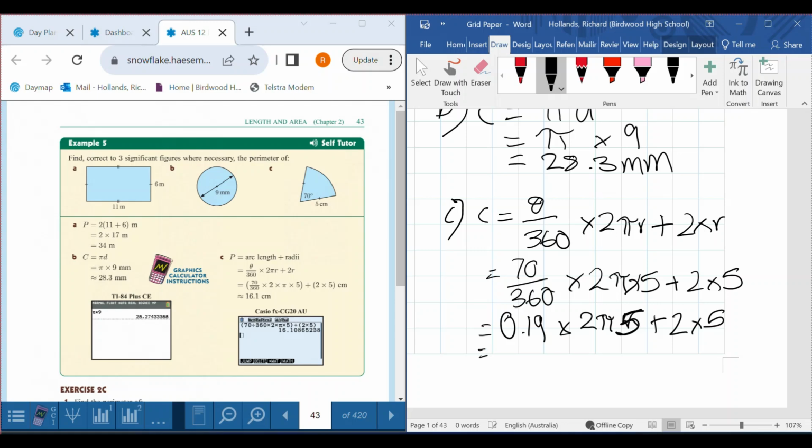So 0.19 times 2 pi 5, 2 times pi times 5, this here gives us a total of 6.11, plus 2 times 5.